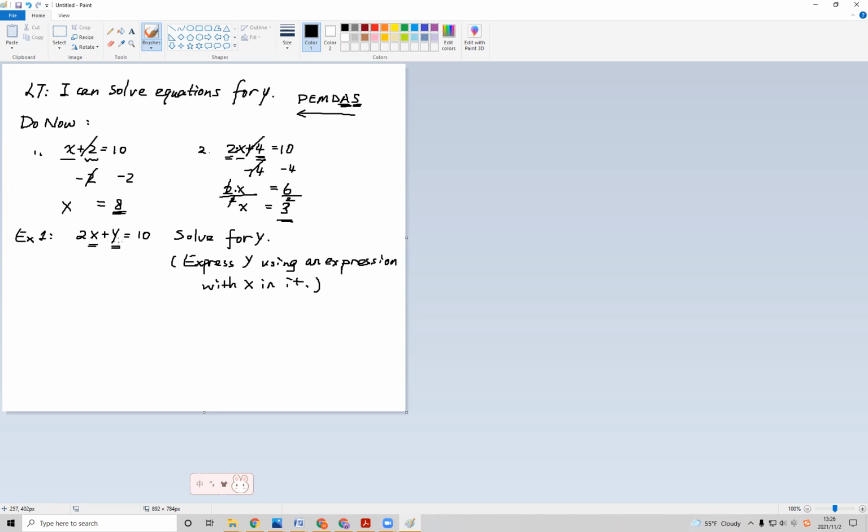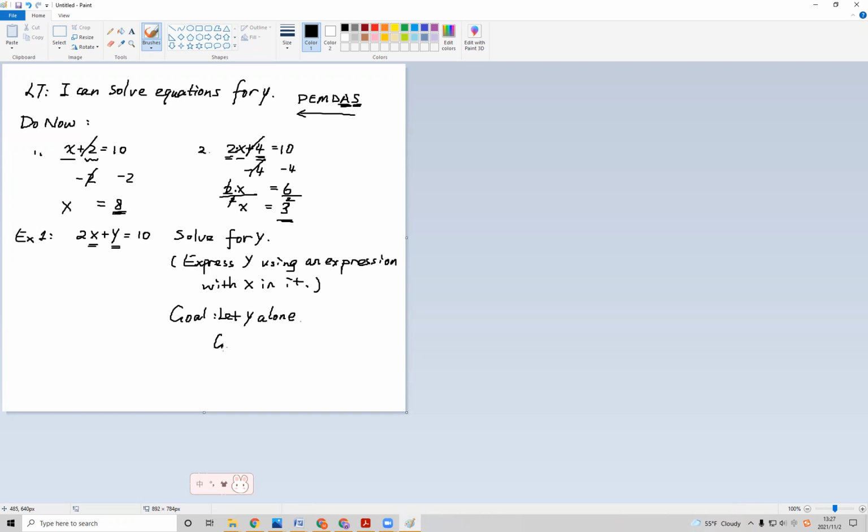Solve for y. We want to leave y alone by itself on the left side. If we want to leave y by itself, that means we don't want to see 2x. So your goal is to get rid of 2x using inverse operation.